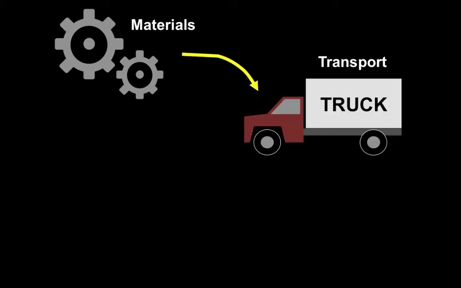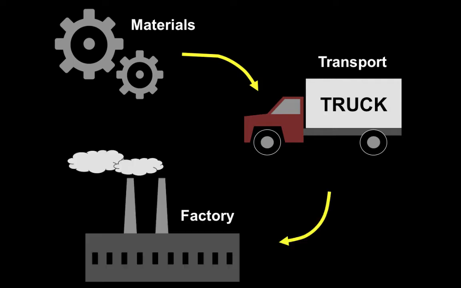So one way to think about this is, let's say that you are in charge of a factory. All right, and you have gotten a message from your superiors that you're going to build this certain product. So we have our materials that we're going to need, and those materials are going to be transported through trucks, and they're going to be transported to our factory, and then we're going to put them together in our factory and make our final product.